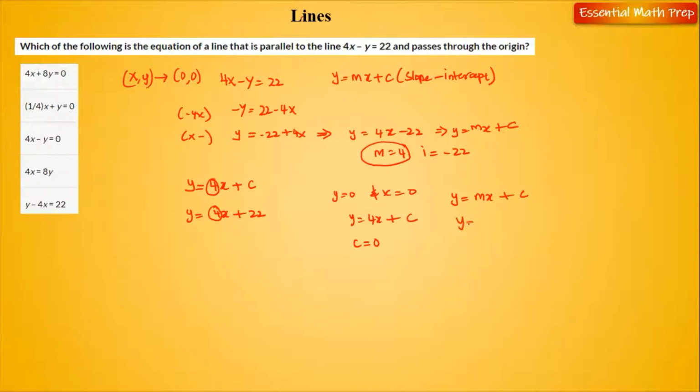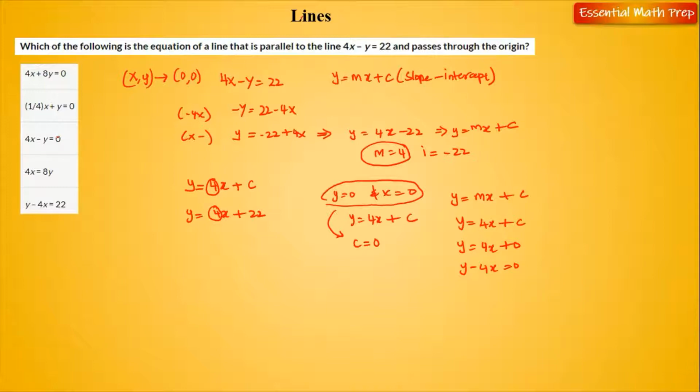The only thing that you carry over from the previous equation is the slope, so 4x plus c. The remaining, we don't know what it is, but we do know based on the fact that x and y values are 0 and 0 that the intercept is 0. So if you substitute that in here, that means y equals 4x plus 0, right? That means y minus 4x equals 0, which matches.